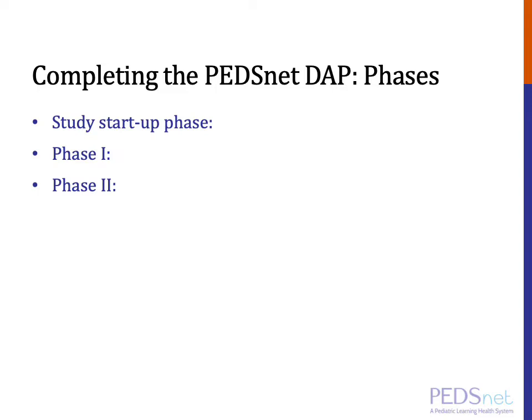There's the study startup phase, which includes information that can be specified before the data work begins. And then there's phase 1, which involves defining the cohort, variables, and study-specific data quality. Once that information is known, we move on to phase 2, which involves specifying and completing the analyses for the study.